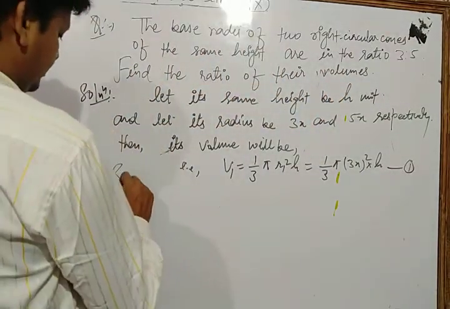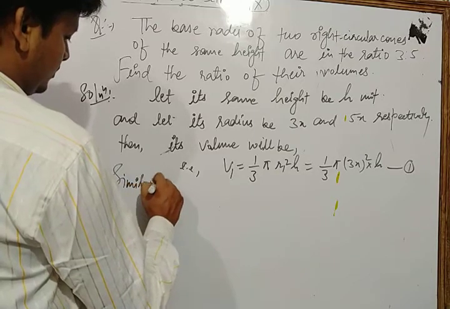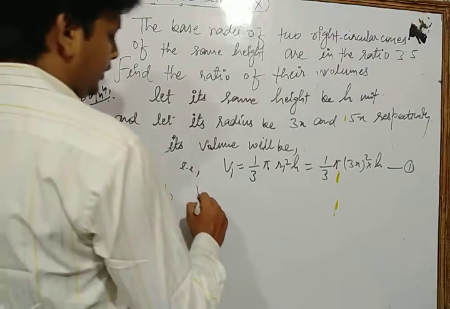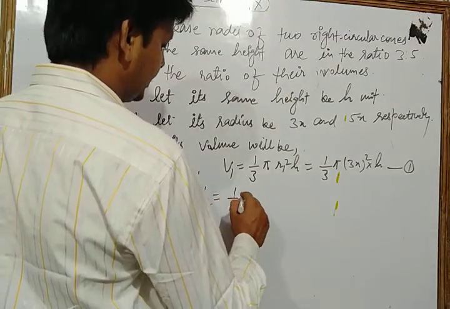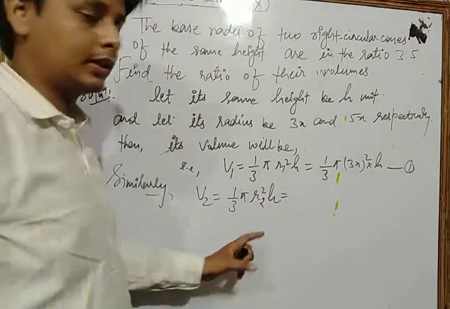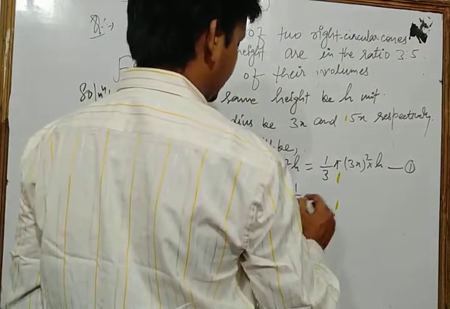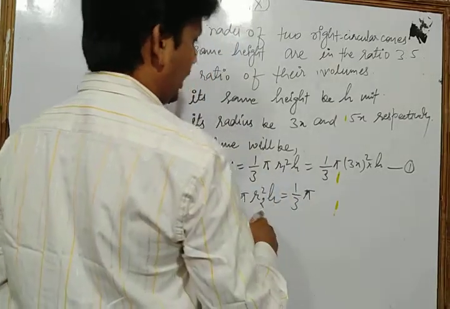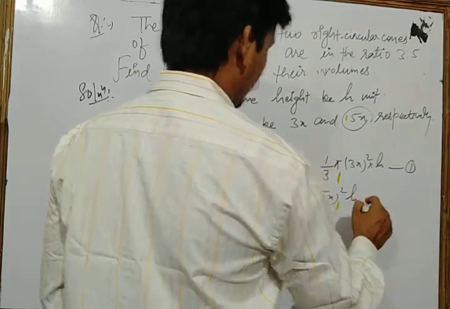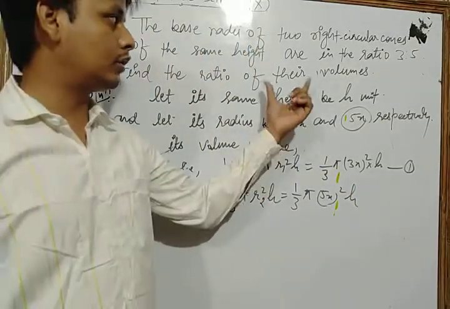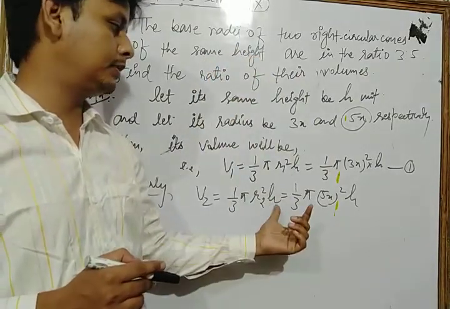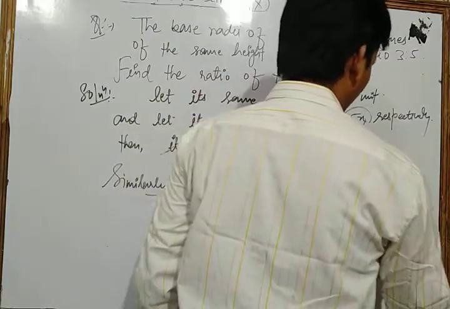Similarly, the volume of the other cone, V2, is 1 by 3 pi R2 square into h. The value of R2 is 5x, that is 1/3 pi (5x) square into h. We take h as same because, according to the question, both the cones have the same height. Take this as equation number 2.